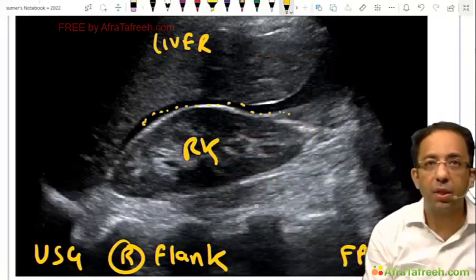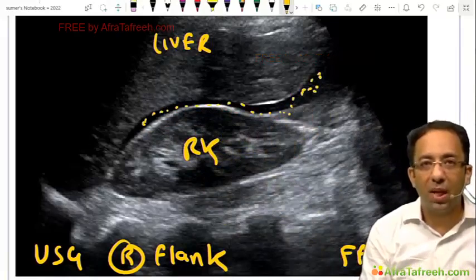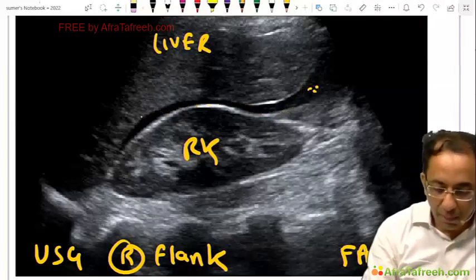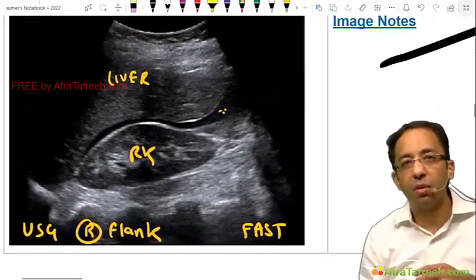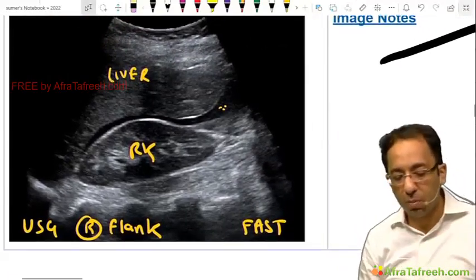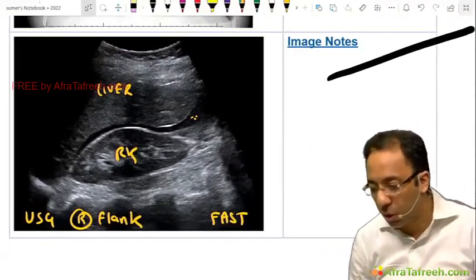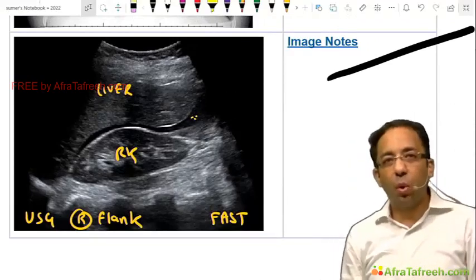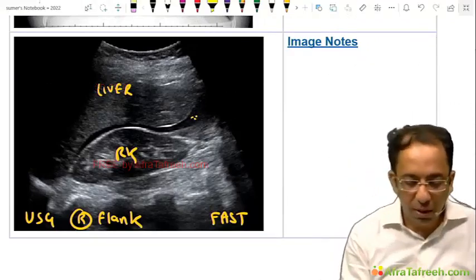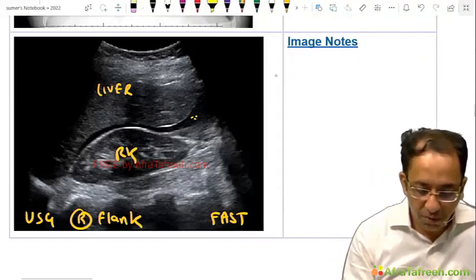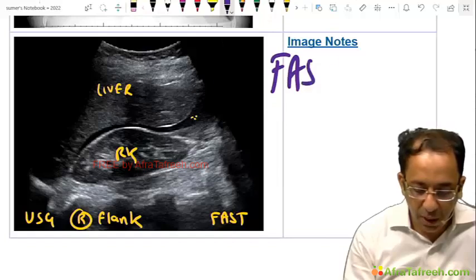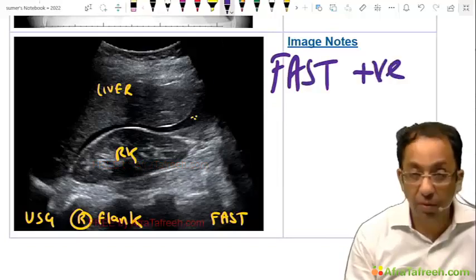This entire black area is not supposed to be there. Liver and kidney should be touching each other. Here they seem to be separated by a black zone. This is fluid in the Morrison's pouch. In a patient with a road traffic accident, what fluid can be there? Blood. So we will call this FAST positive.